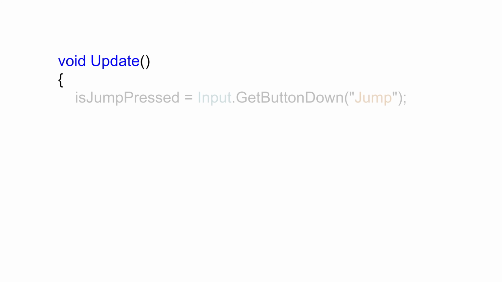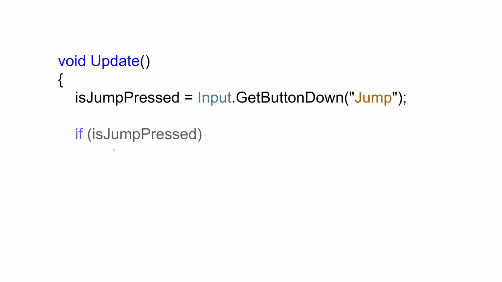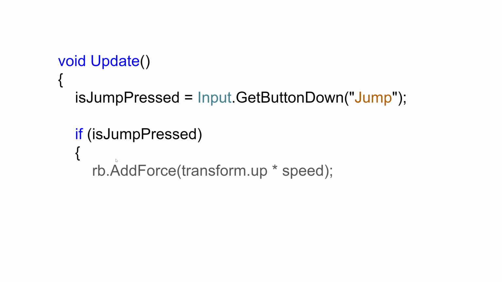The first thing we do is get the button down, just making sure that we're actually hitting jump, and we're setting a variable, so it's either going to be true or false. We then check to see if that is true, and if it's true, we apply a force of transform up multiplied by the speed. And that is pretty much it.